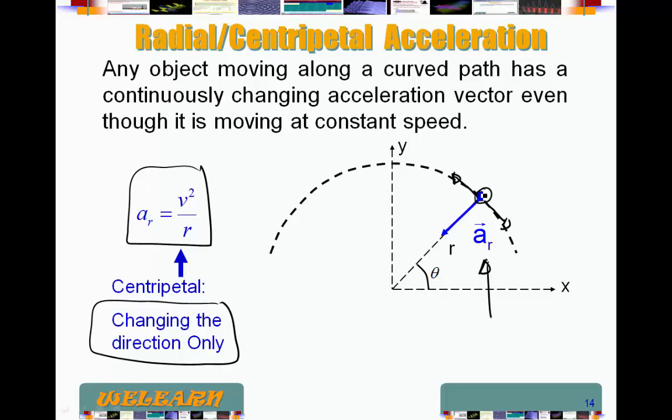Essentially, remember, to simplify the way we solve problems, we break things down. In this case, we'll break down the acceleration into an acceleration that's responsible for changing the direction, and that's the centripetal acceleration. And then we will talk about the acceleration that is responsible for speeding up or slowing down.